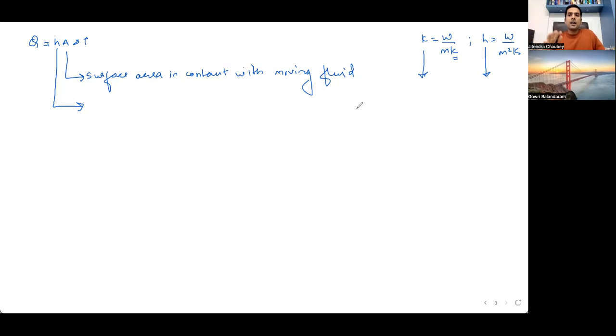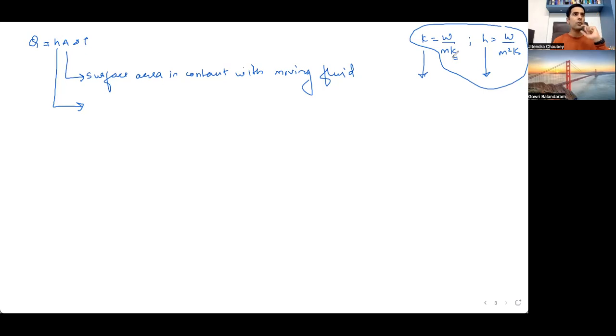But otherwise, the simplest rule is never try to convert the units of h and k, no matter if it is in Kelvin or degree Celsius.